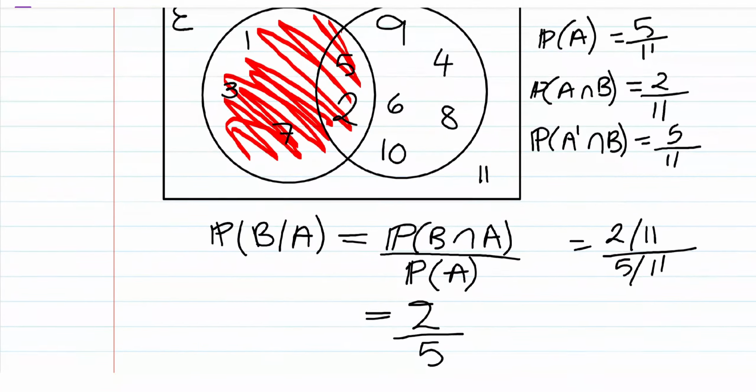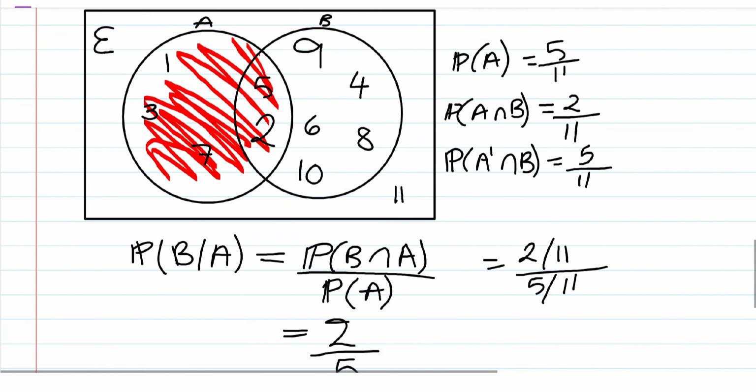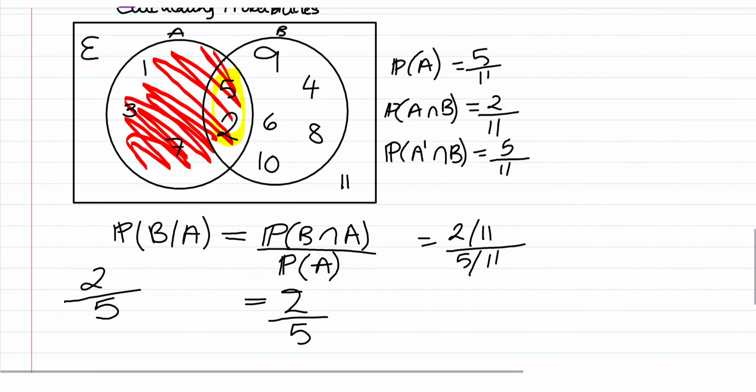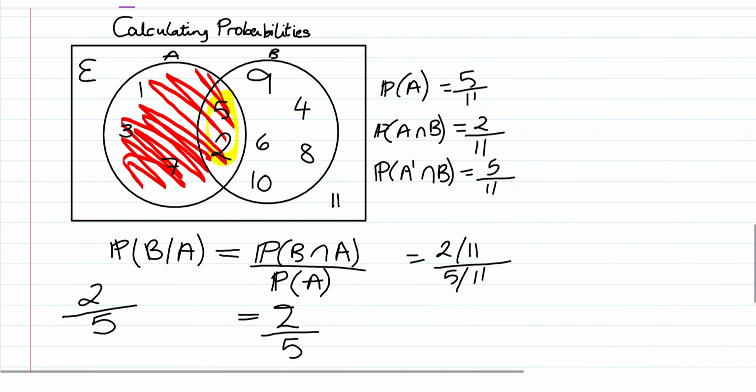Another way of looking at this is just by using our diagram and seeing there are 2 elements in the overlap out of a possible 5 elements of A, because the overlap only contains the element 2 and 5. So looking at the Venn diagram and using previous facts, we can calculate conditional probabilities.